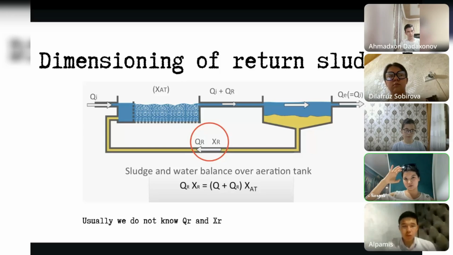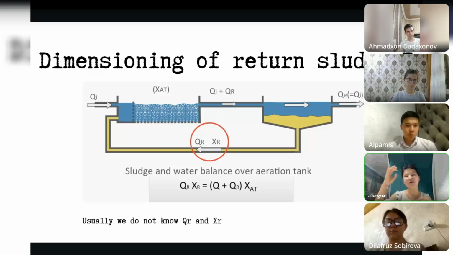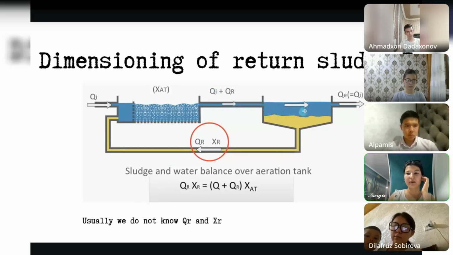So liquid in our case is pure water, and the solid is the bacteria, the sludge. Sludge is bacteria, bacteria is sludge. We separate the water from the sludge, and then the sludge goes back to the aeration tank.